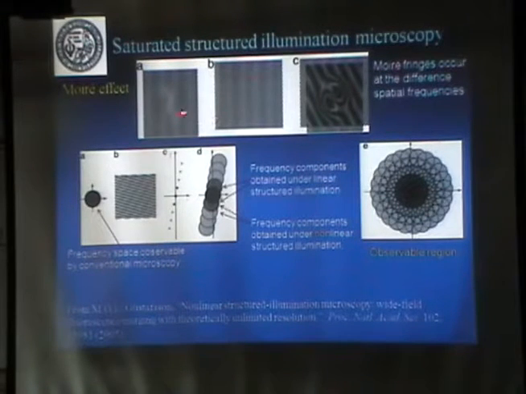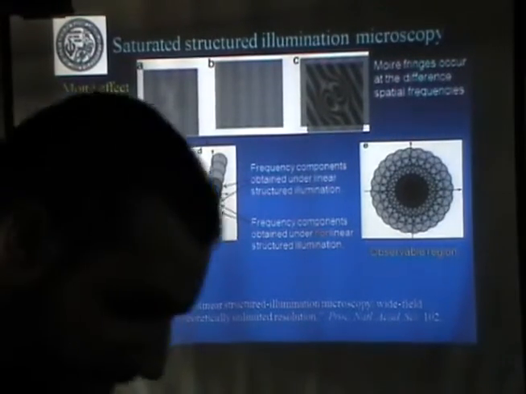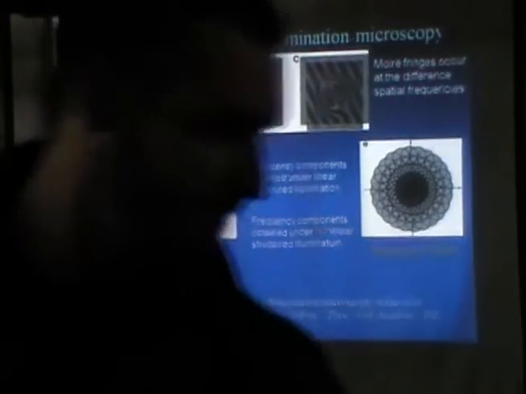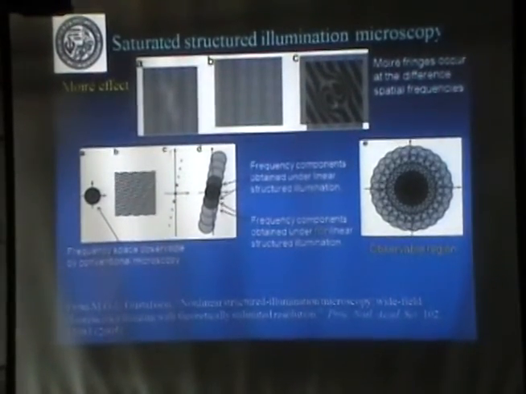So when you have a periodic structure like this, if you overlap these two, you get something like that. So what's going on is essentially down modulating the high frequencies.